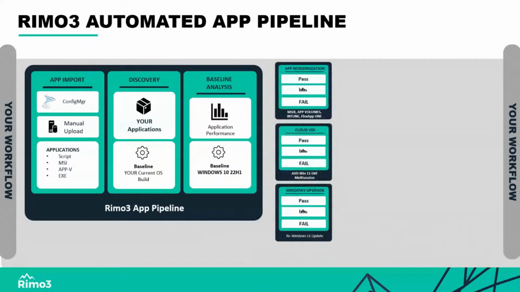So as I am migrating to my desired Windows 11 single session, multi-session, and virtual desktop, I can also still be continuously analyzing that next update that's going to come down the line. And what we do is we take the applications and we rinse and repeat the unattended intelligent automation against the desired AVD images. And it becomes pretty binary at this point, meaning it's either going to succeed or it's going to fail. Now, the value that Remo 3 and the automation brings is it's going to bring you to a result in a fraction of the time, comparatively speaking.